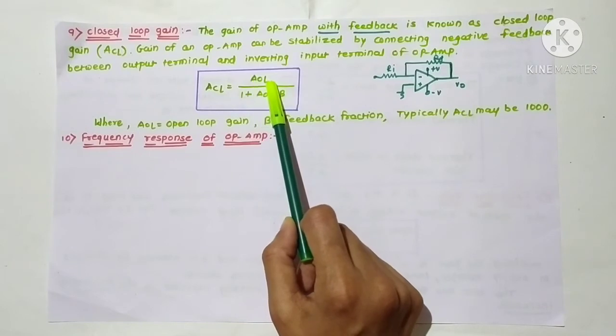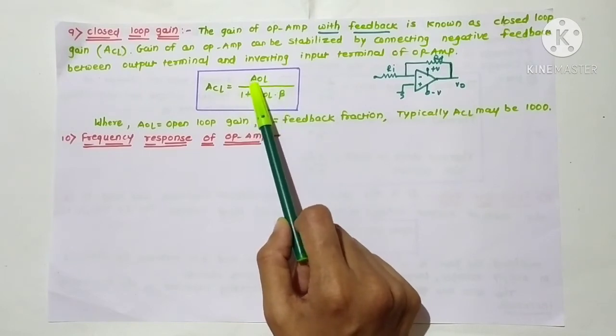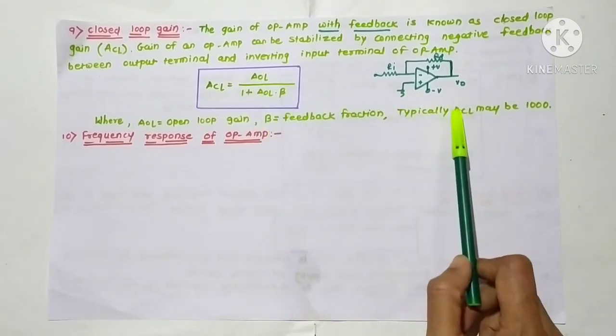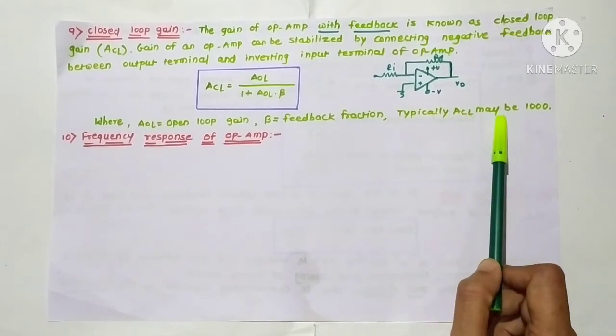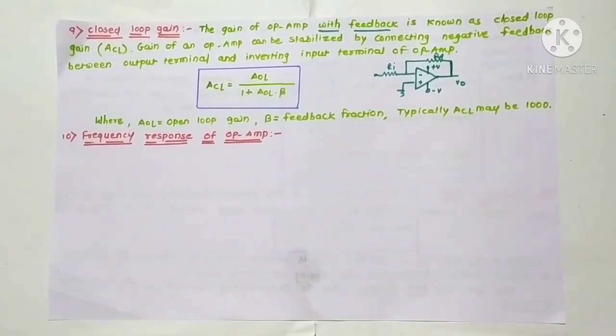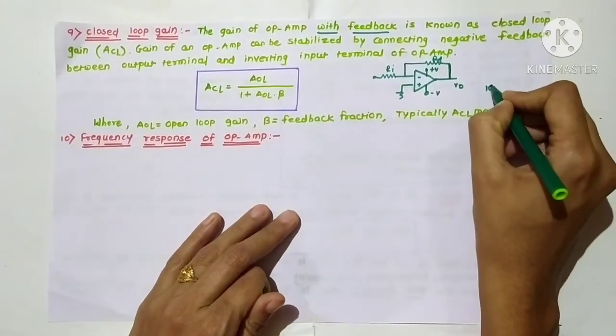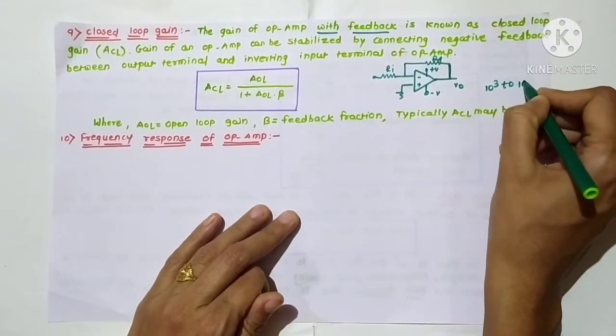AOL is nothing but open loop gain. Gain is always denoted by the letter A, capital A. Okay, students? Typically, this closed loop gain may be 1000, or in between 10 raised to 3 to 10 raised to 5.